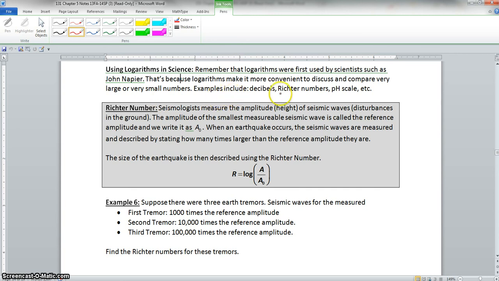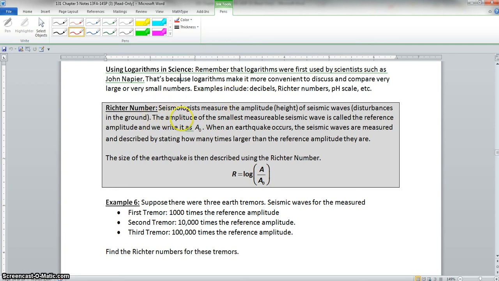Examples include decibels, Richter numbers, pH scale, etc. Now you all have one extra parenthesis in here that I do not have here. After very small numbers, you had a parenthesis, as an astronomer, Napier was working with large numbers a lot, and then period. Okay, so this is slightly different, but basically the same.